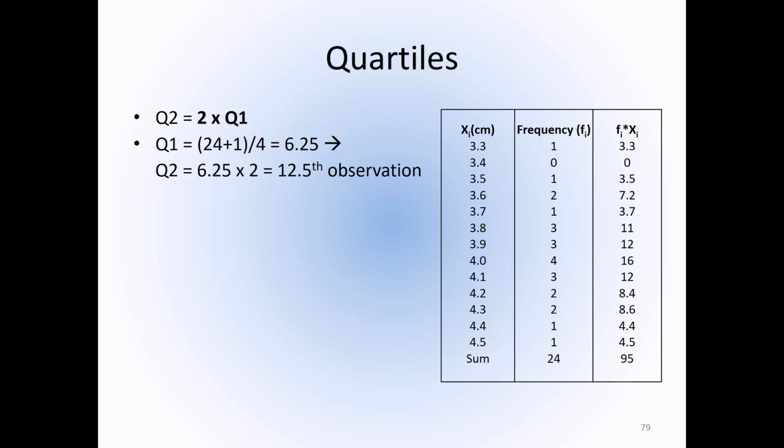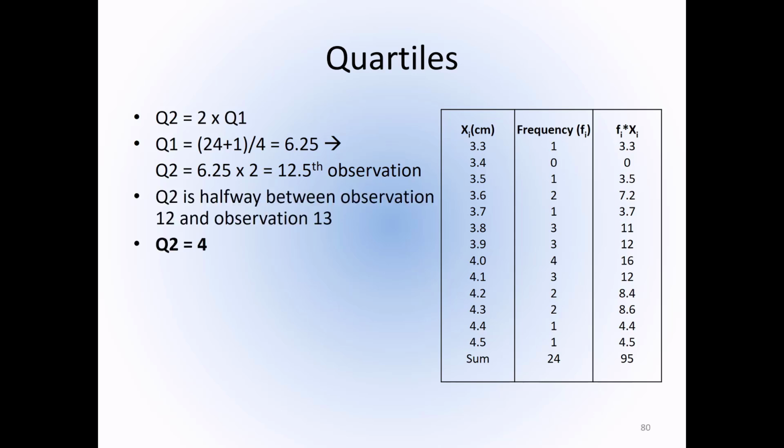So we've got our quartile 1, which is the 6.25th observation, multiply that by 2, so our quartile 2 is the 12.5th observation in our particular data set. So it's halfway between observation 12 and observation 13. Now observation 12 and 13 both happen to be 4 in this particular situation, so our quartile 2, or our median, is 4 for this particular data set.